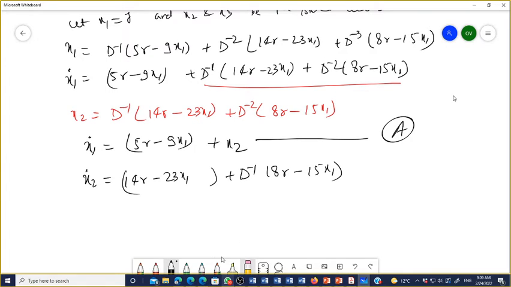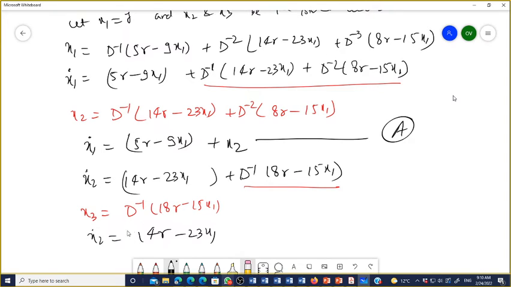Now x3 is equal to D inverse of 8r minus 15x1. Then x2 dot equals 14r minus 23x1 plus x3.